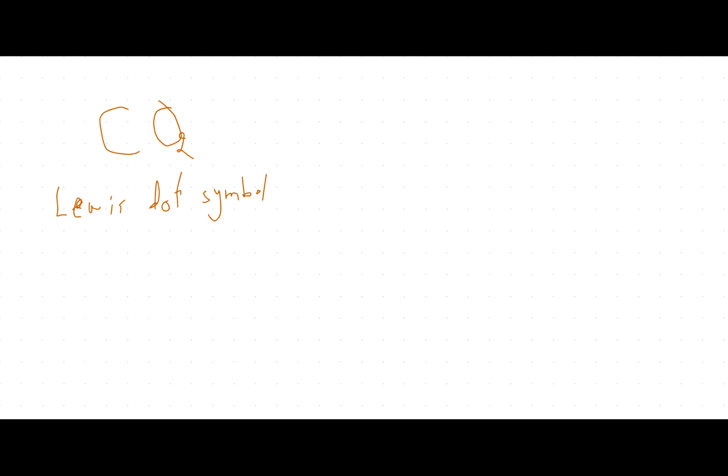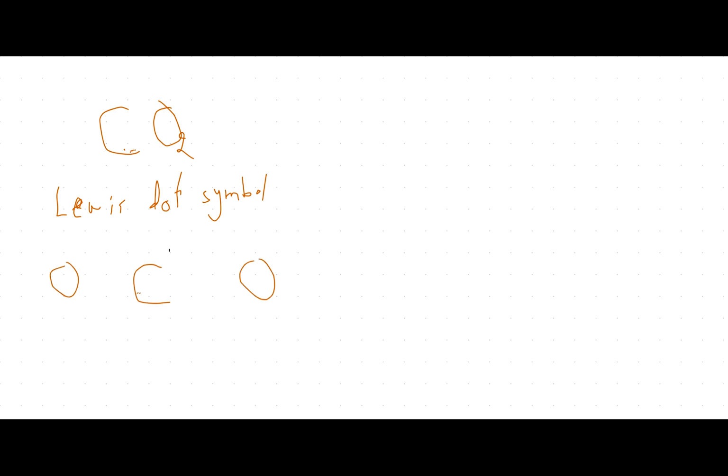Okay, let me draw it. So carbon, this is the Lewis dot symbol. It depends on the electronegativity: the one that has the lower electronegativity will be at the center. Even without that, we know that we have 1 carbon, so it will be at the center, and the oxygens around it.